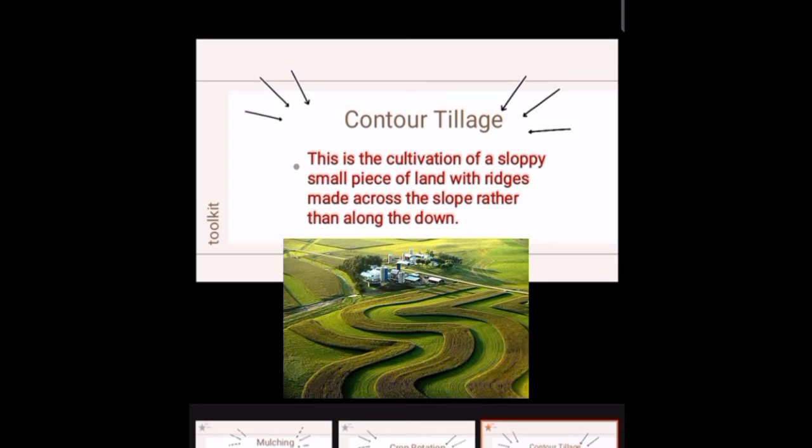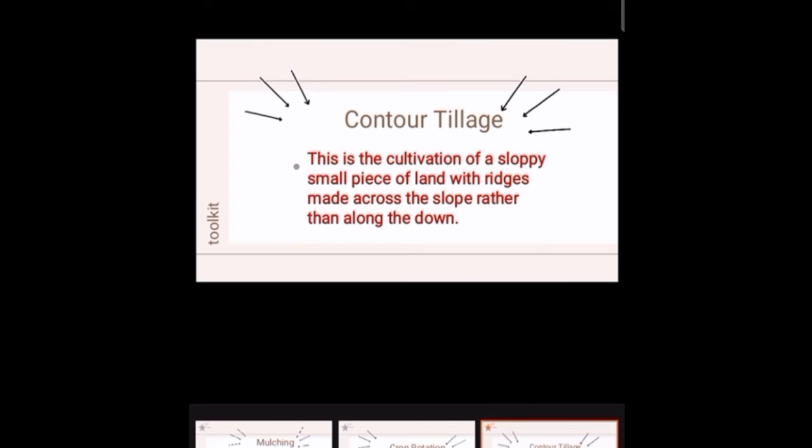If done properly, it serves as an obstruction to the flow of water down the slope. Such restricted water subsequently infiltrates into the soil, thus minimizing runoff and erosion.